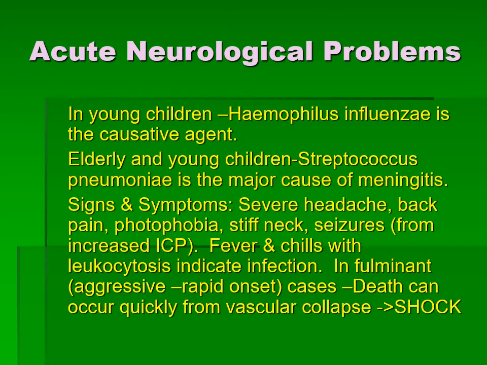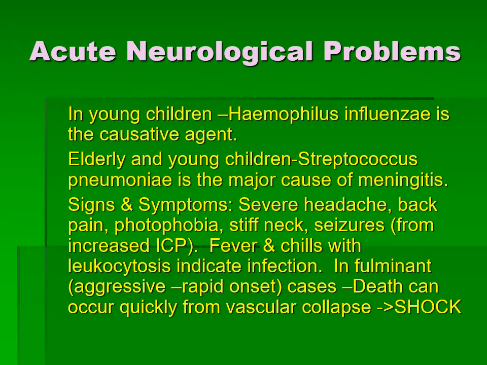In young children, Haemophilus influenzae is the causative agent many times. In elderly and young children, Streptococcus pneumoniae is the major cause of meningitis. So there's multiple types of bacteria that could be representative of normal flora that just get into the wrong place.